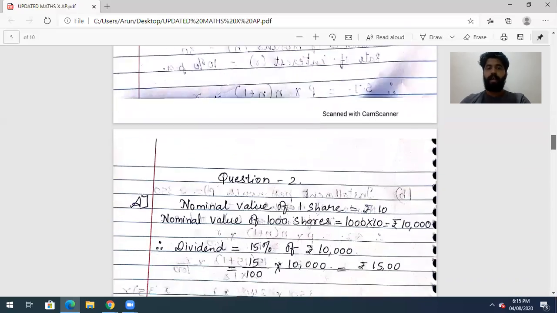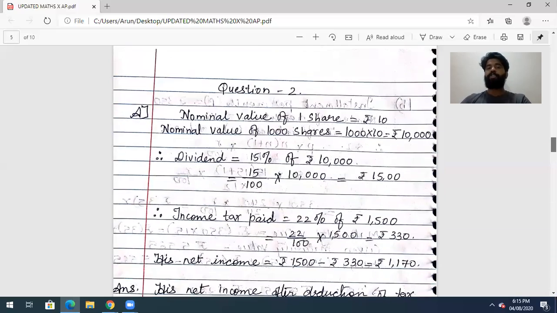Now, question 2A is a question from shares and dividend. Now, when we conducted this test in the month of May, shares and dividend was a part of our portion, but recently, in the first week of July, according to the updated portion, shares and dividend has been excluded.